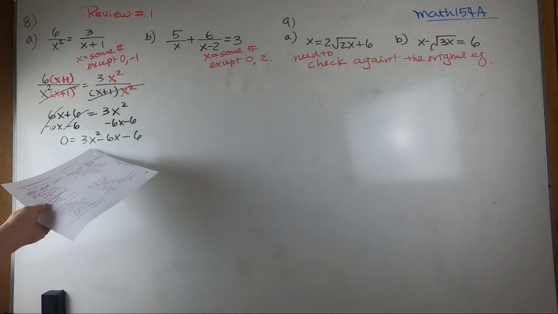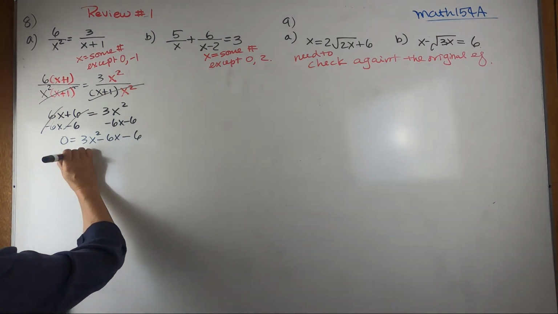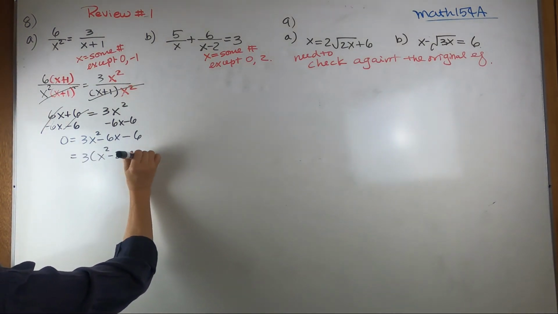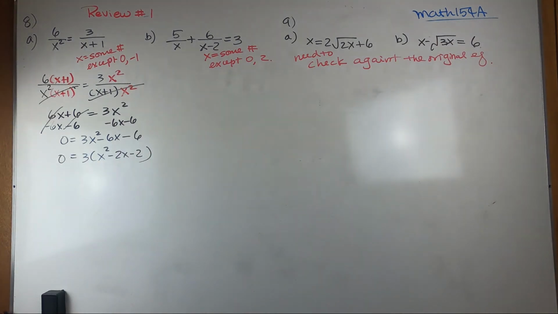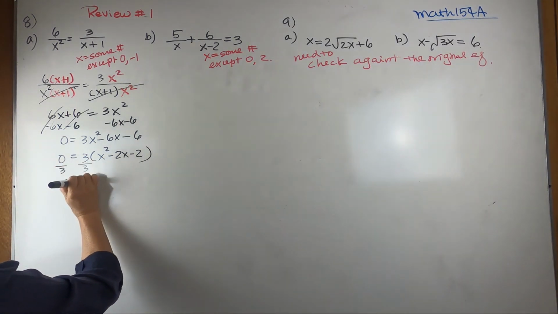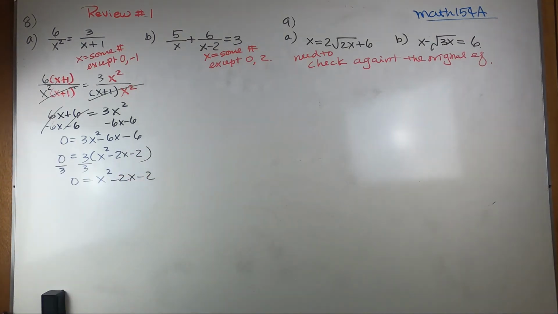It ends up with a quadratic equation. So we try to solve it. I take 3 out: x squared minus 2x minus 2 equals 0. Actually, I can divide it by 3, so I make it just a simple quadratic equation.